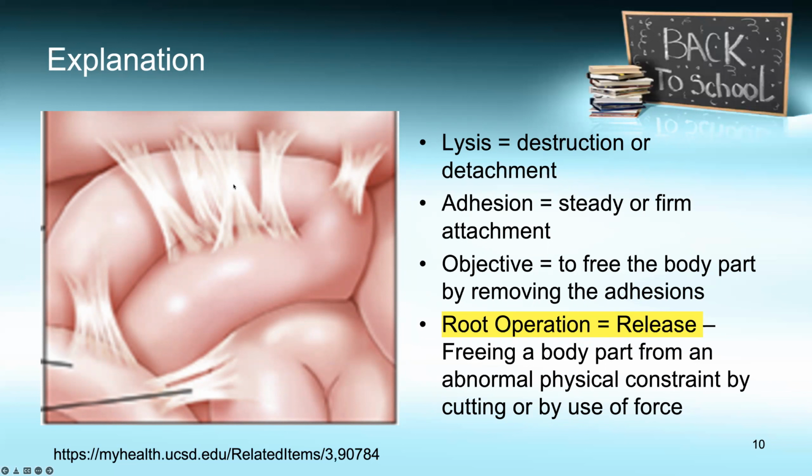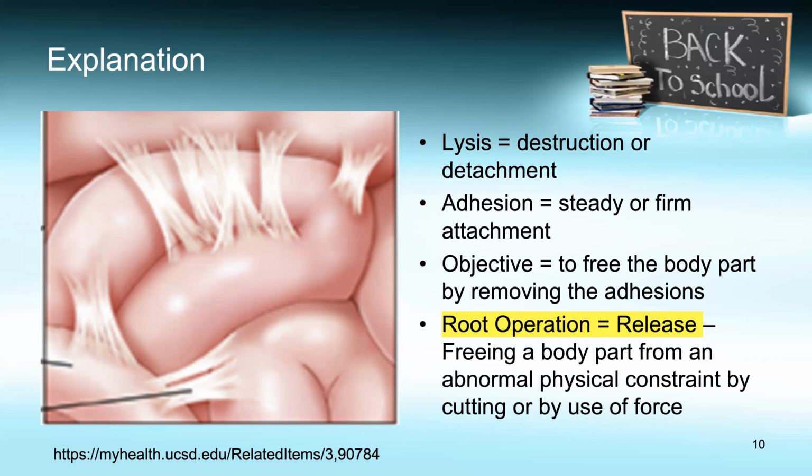So the adhesions are often there as a result of scar tissue that forms after some type of procedure. Sometimes it attaches organs to the abdominal wall or to each other. So lysis is simply destruction or detachment.